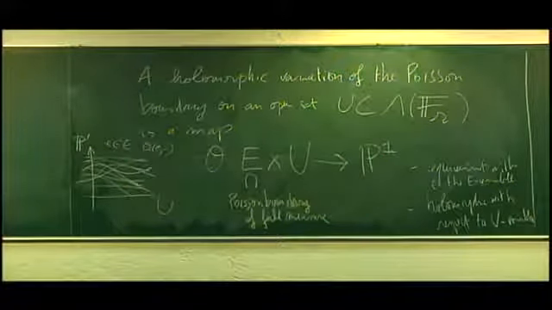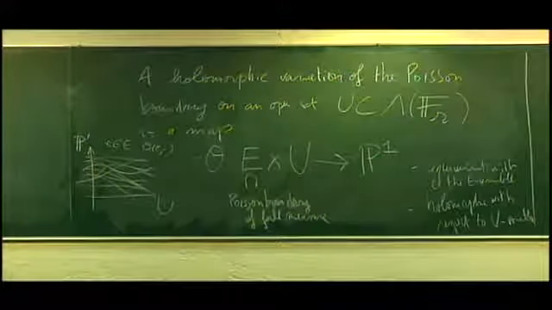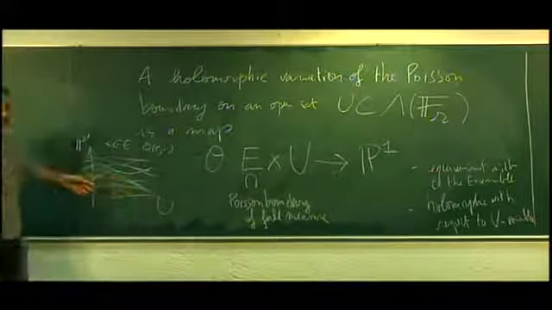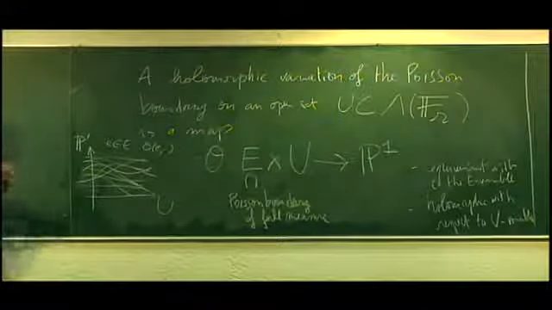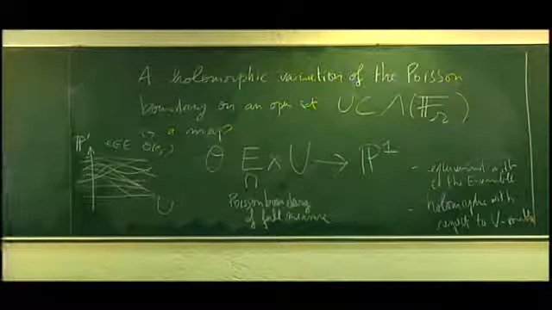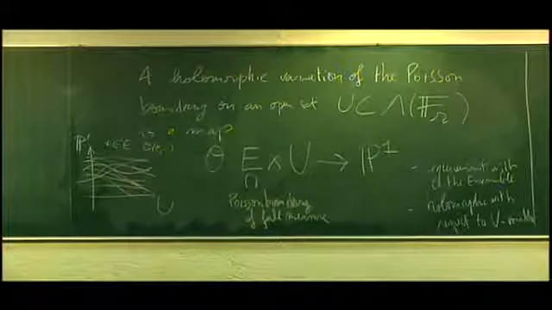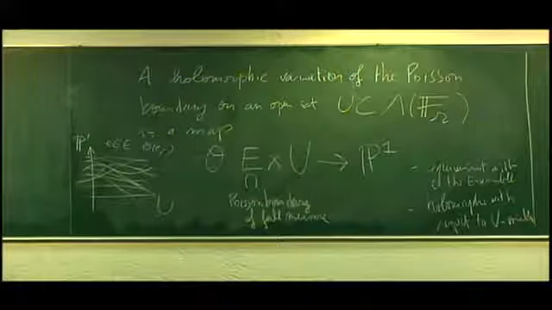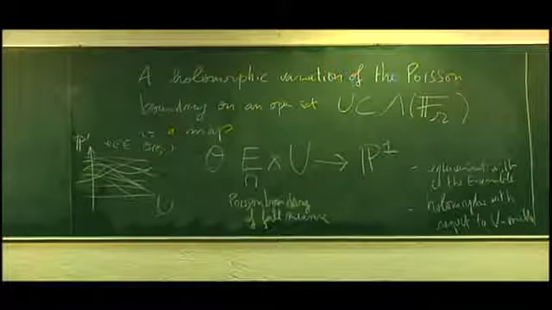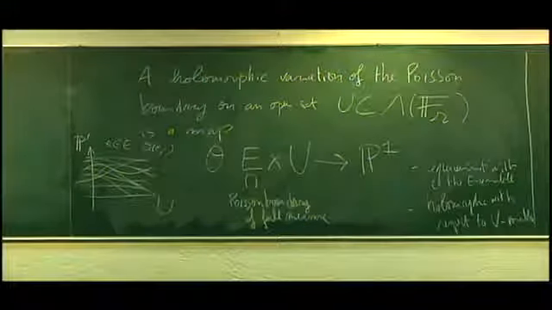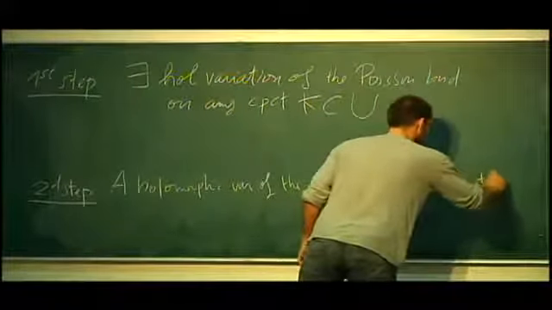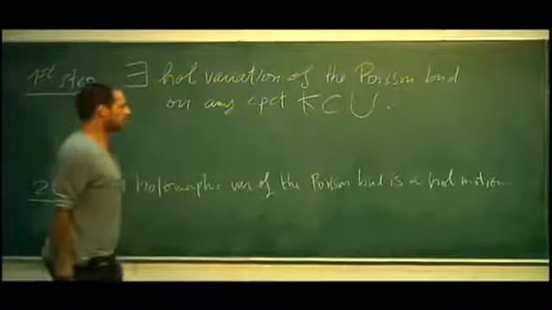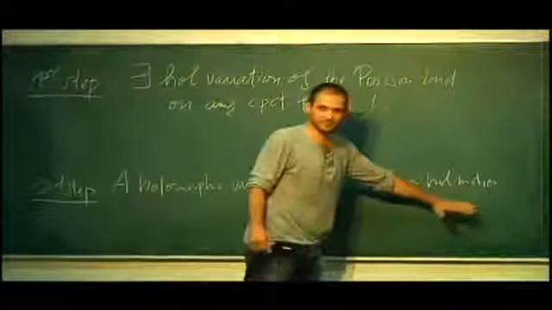They do not intersect. A priori, it is not clear that this holds. You could imagine that there is some measurable variation where the graphs intersect, but the theorem says that this is never the case. So a holomorphic variation of the Poisson boundary is a holomorphic motion, and as we sketched in the first lecture, this implies stability.